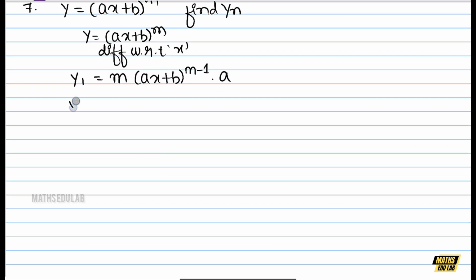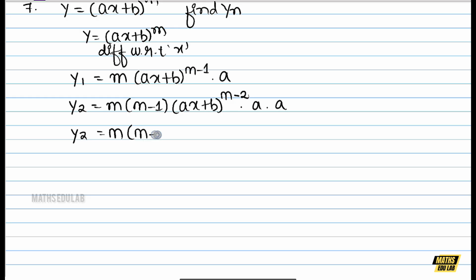Similarly, for the second derivative, we take the first derivative, which gives m, then the derivative of (ax plus b) to the power m minus 1 is m minus 1 times (ax plus b) to the power m minus 2, and the derivative of ax plus b is a. So y2 is m into m minus 1 (ax plus b) to the power m minus 2 into a square.